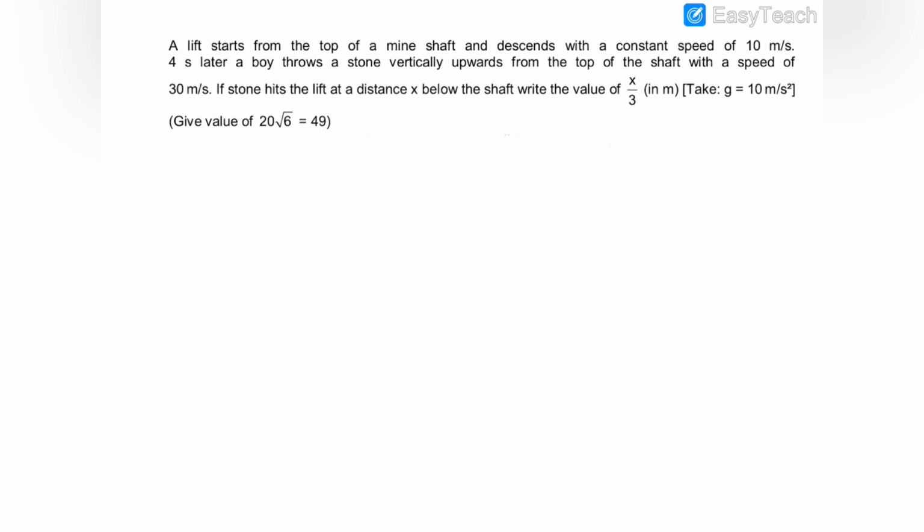Now you can see that there is a shaft on which a boy is standing, and he throws a ball after 4 seconds from the time when the lift starts to move downwards. So in 4 seconds, the lift would have descended by a distance of 40 meters, with the speed of 10 meters per second for 4 seconds.